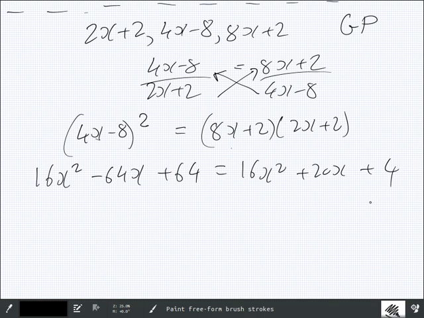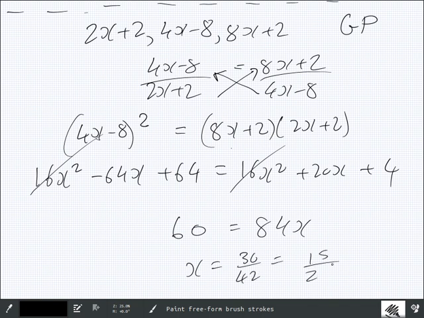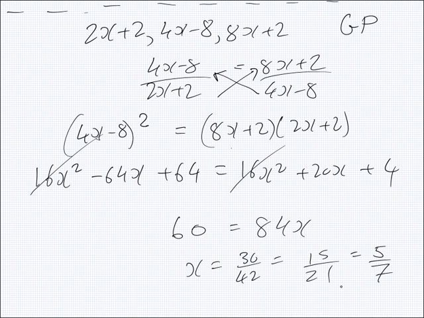Cancel. 84x equals 60. So x is 60 over 84, which is 30 over 42, which is 15 over 21. Oh, they can divide by 3, can't they? 5 over 7. Yeah, so x is 5 over 7 is the answer.